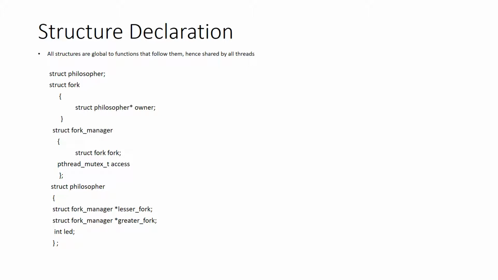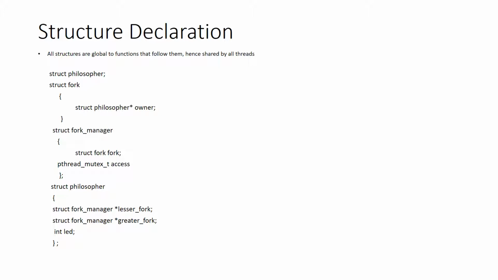Then there is another structure called the fork manager. This is essentially a pair of members, one being a fork structure and another being a mutex variable associated with that resource. Access is a mutex variable here. This will be used to lock and unlock the access to that particular resource.